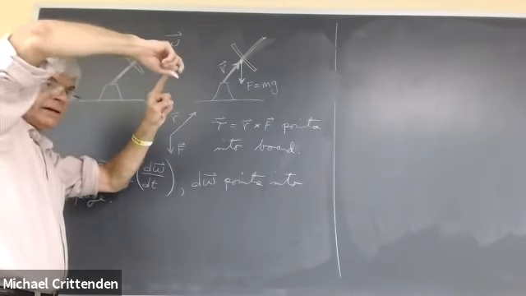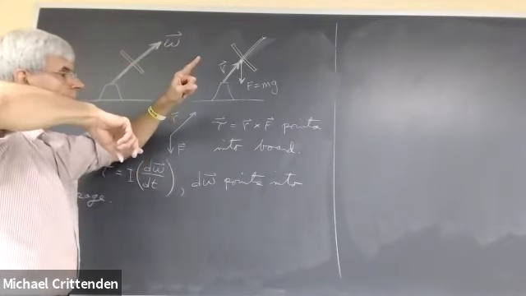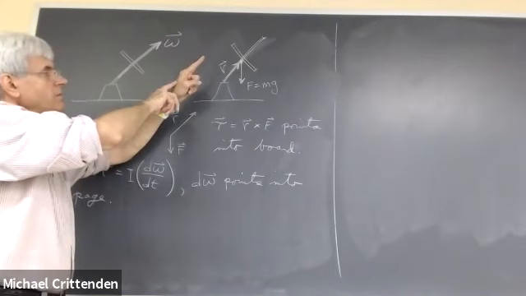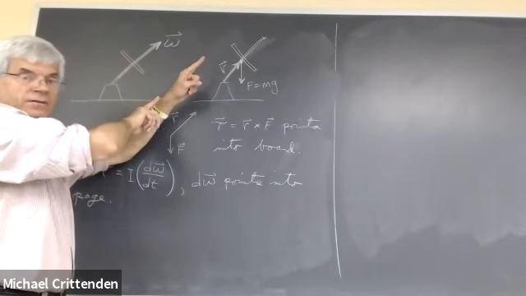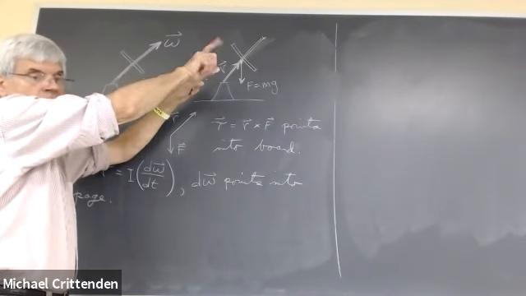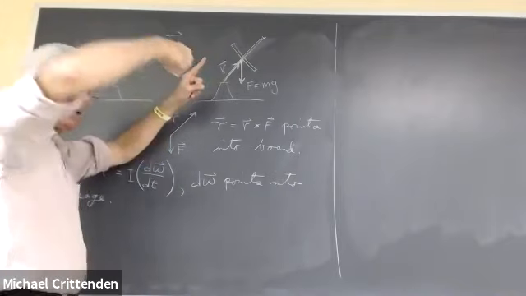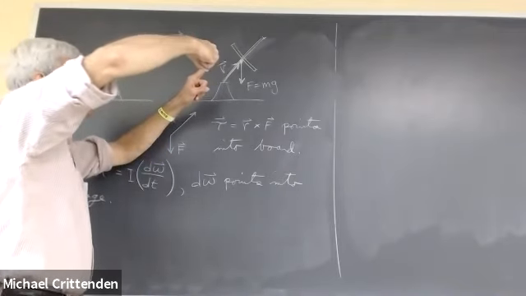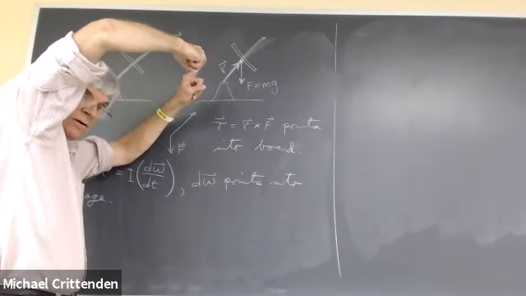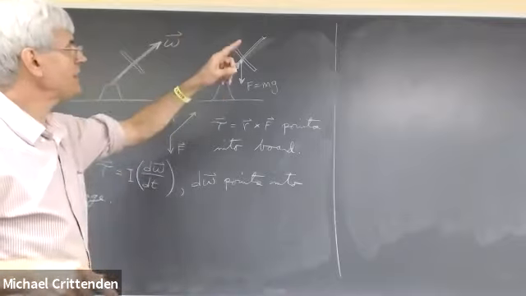If it's right directly across omega initial, omega final is going to be the same length, okay? To make the angular velocity vector get longer, you need its change to be that way. To make it get shorter, you need its change to be that way. If d omega is across the vector, that doesn't make it get longer or shorter. It just pushes it over so it points in a different direction.